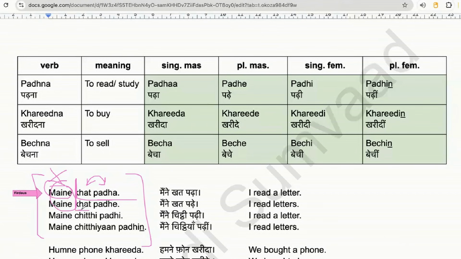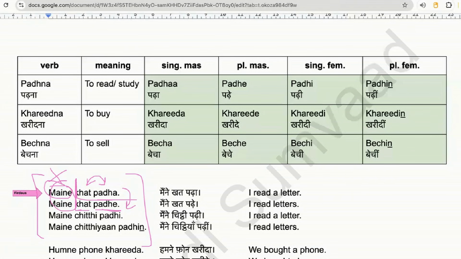Here, same word khat, but this khat is plural. This means letters. So we have one word for singular and plural both. Khat is one letter and khat is letters. But this time, change padha to padhe. So we know that you're talking about letters.